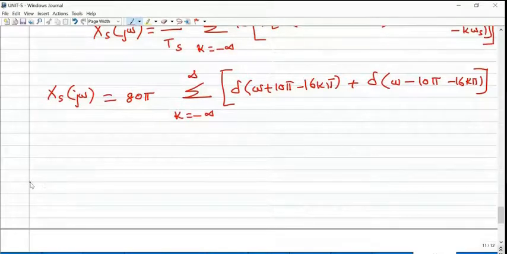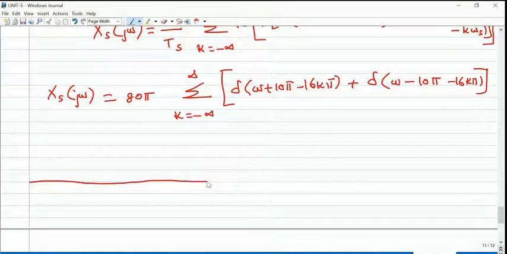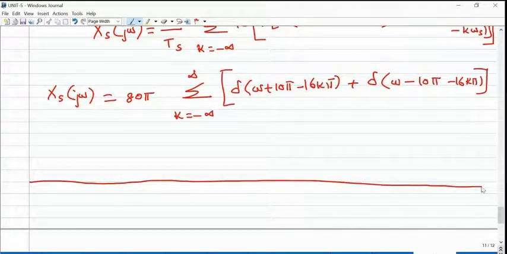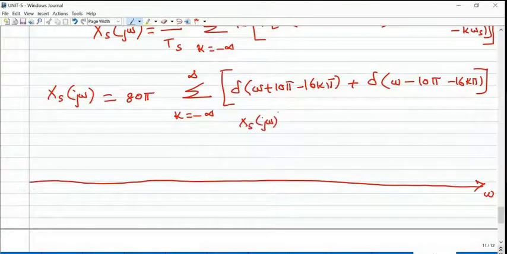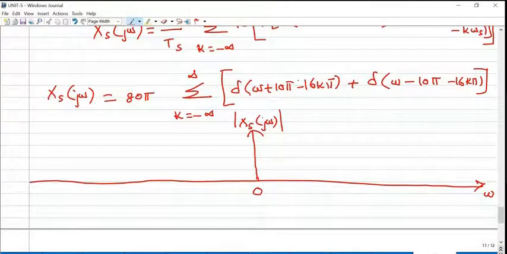Okay. Now we can draw the magnitude spectrum. How to draw the magnitude spectrum? ω on the axis, Xs(jω) on the vertical axis. Substitute k equal to 0.